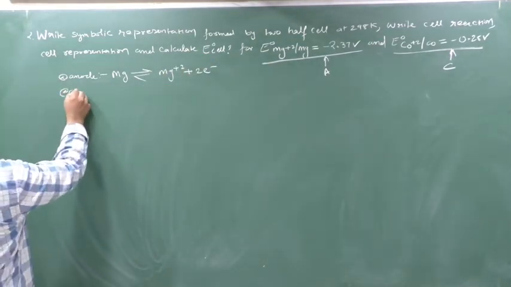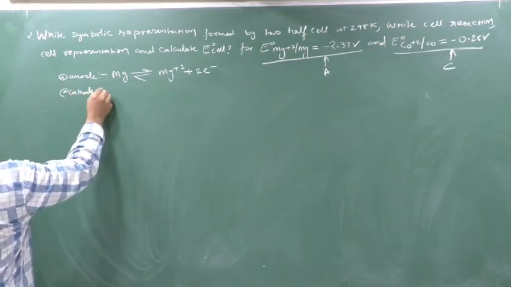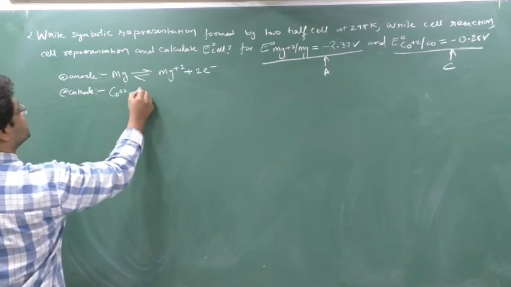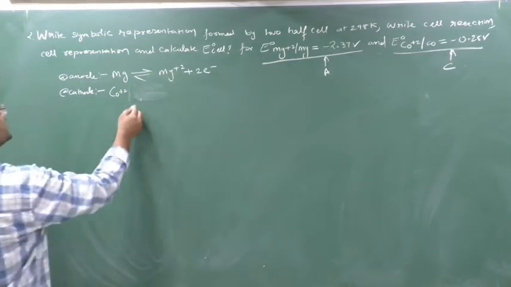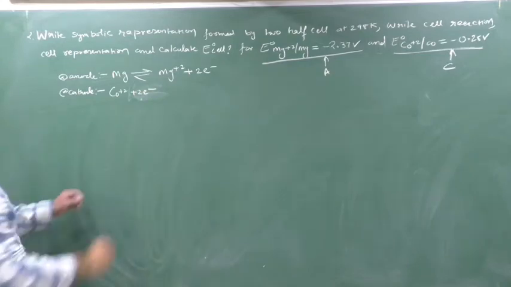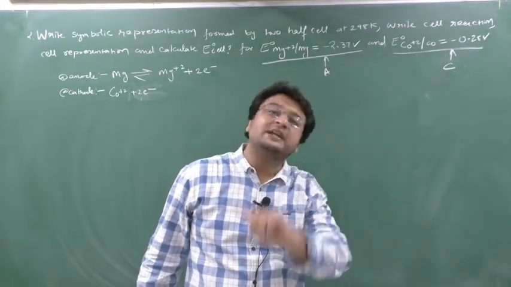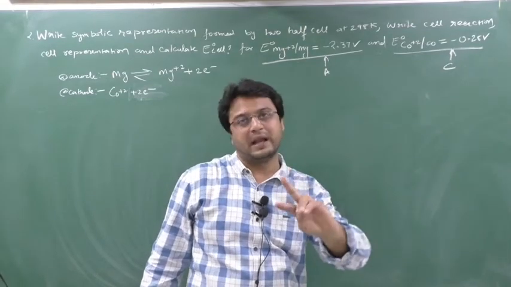At cathode, Co plus 2 will gain 2 electron, because it is plus 2 only. If it was plus 1, then 1 electron it will gain, and then you have to maintain the balance by multiplying.